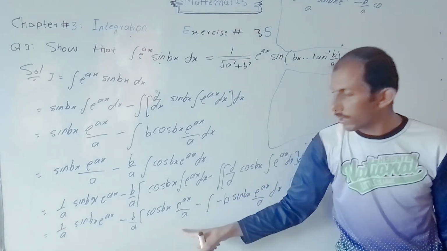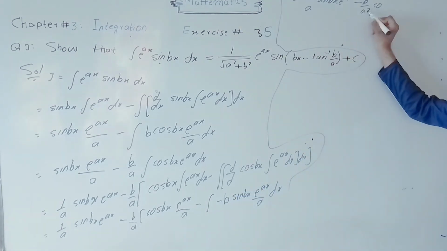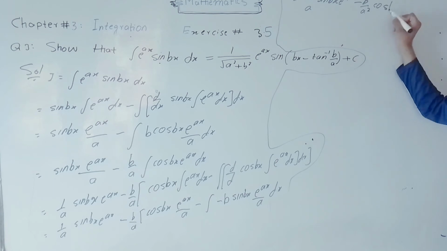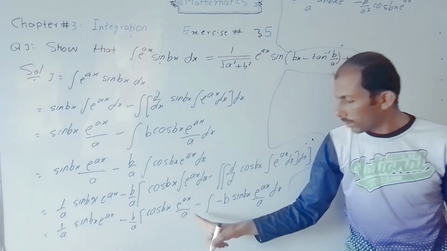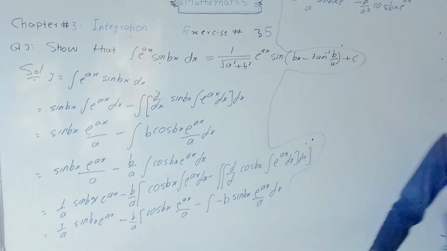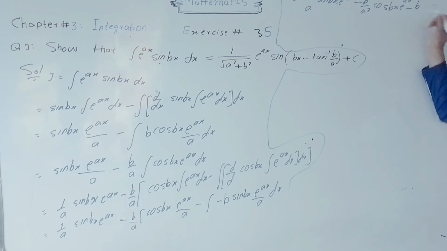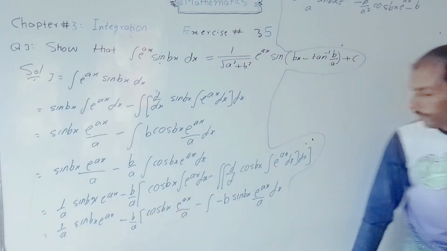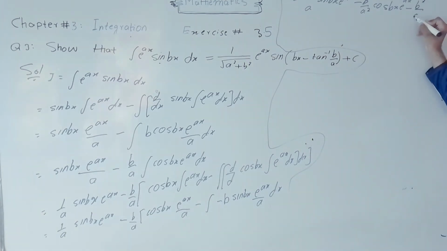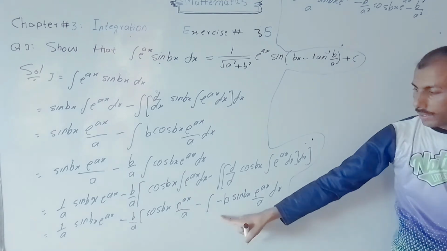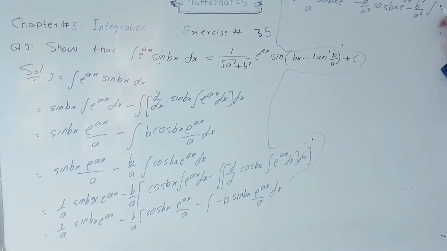So a multiplied by a is a square, cos bx e power ax, minus multiply minus is plus. So plus, b multiply b is b square, a multiply a is a square, b square over a square, integral sin bx e power ax into dx.